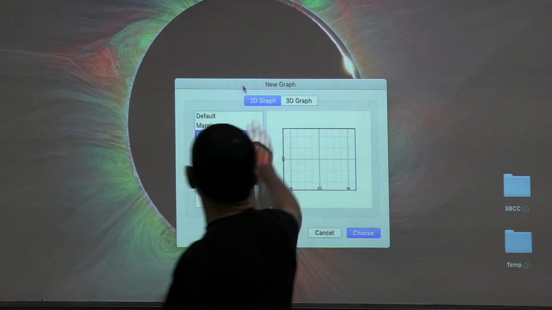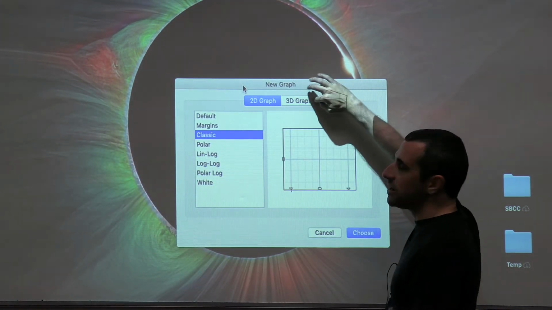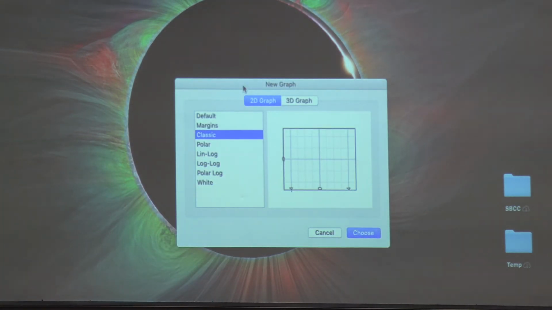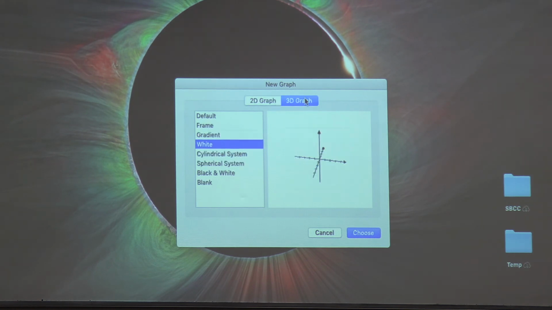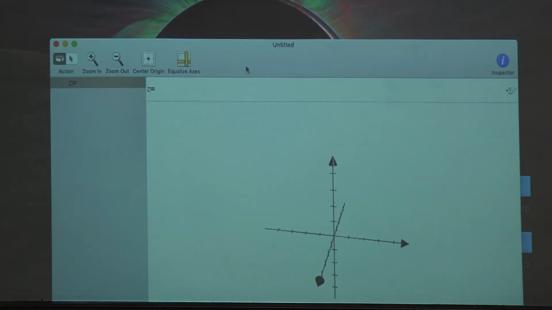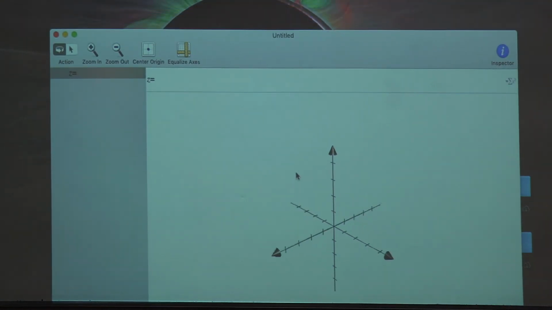So if you select 2D graph, you'll draw curves, but if you select 3D graph, you'll be able to draw surfaces. So I'm going to select 3D graph. And notice that it's going to give you options for the default frame or window. So I'm going to pick the white one there. That's a pretty good one. So choose. And we see this XYZ coordinate system here. I'm going to do that to make it stop spinning.